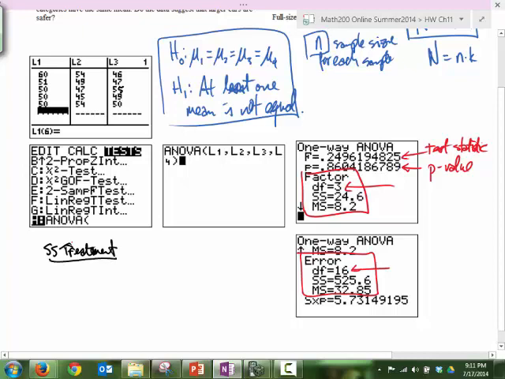So remember, factor and treatment can be interchanged. Those values can be found here. MS factor or treatment. The SS error and the MS error.